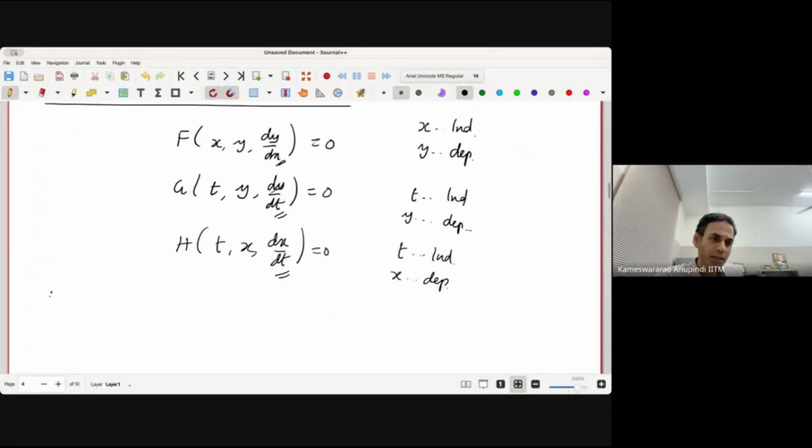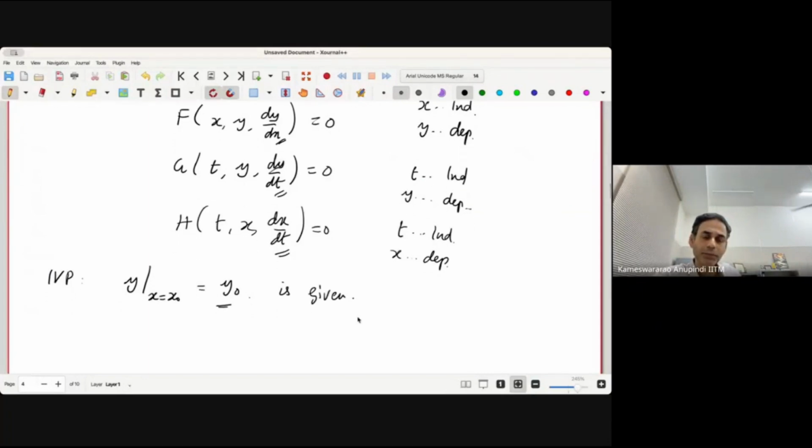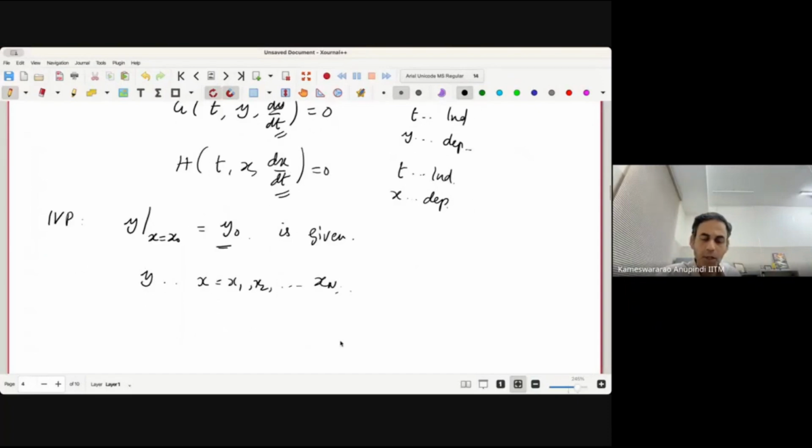Now we said this is an initial value problem. That means at x equal to x naught, the value y equal to y naught is given to us. Then we need to calculate the value of y as we go from x naught, x1, x2 all the way to xn, that is, throughout the entire domain length. That is an initial value problem.